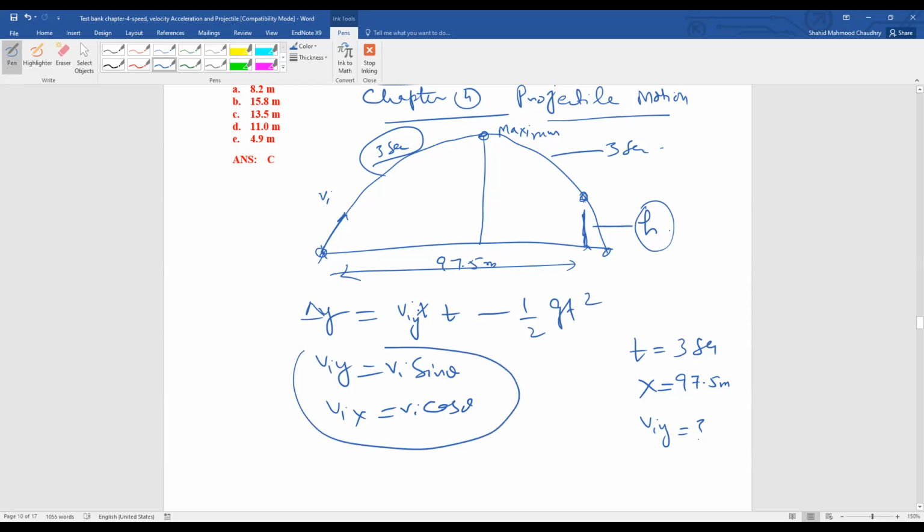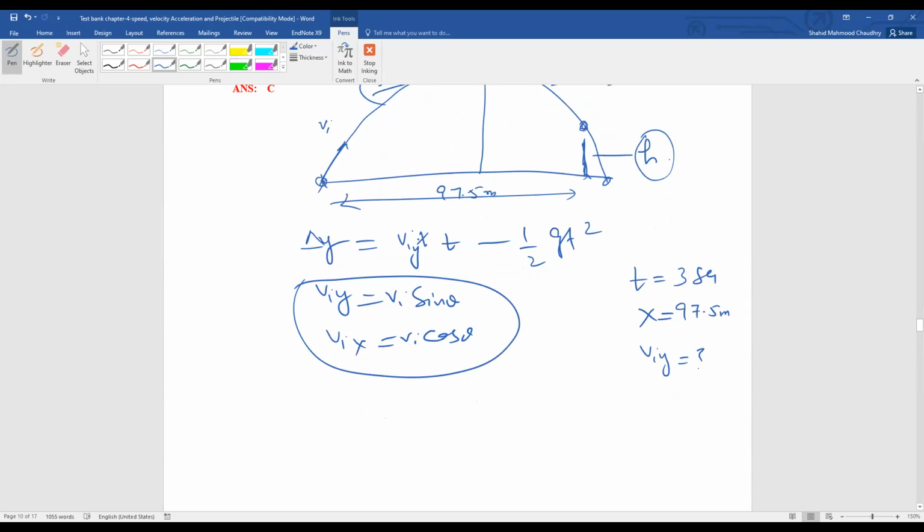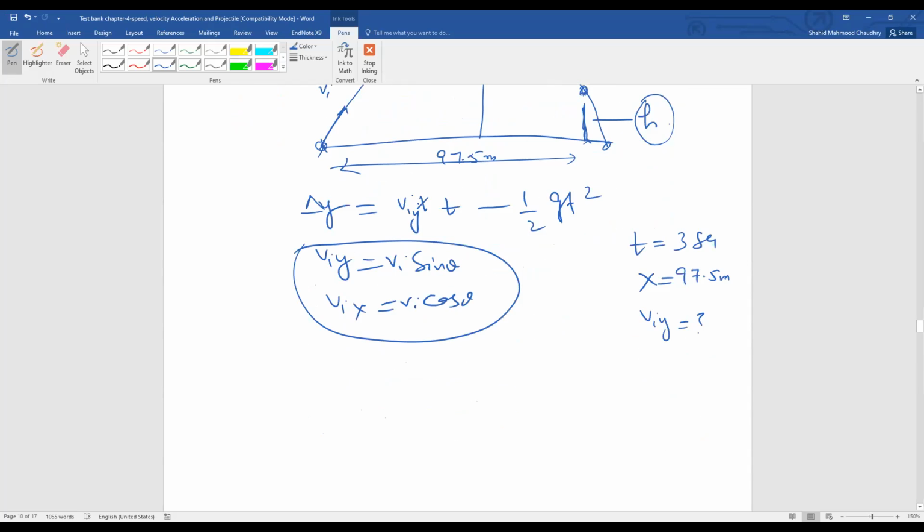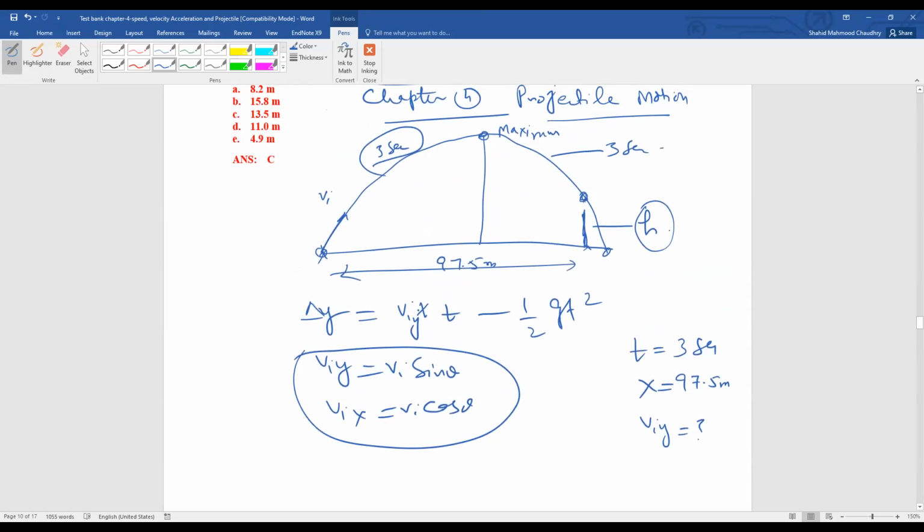But from these two formulas, we cannot find the value of vi y. The ball is thrown or hit from here, with two components: vi sine theta and vi cos theta. But at the maximum height, vf y will be 0.